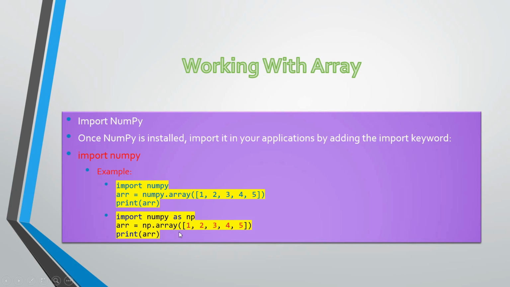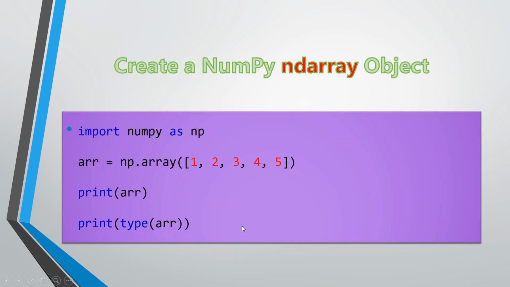Any array can be defined within parentheses and square brackets. Whatever data you define within the square brackets will be a single-dimension array. If you want a multi-dimension array, you can define multiple arrays using square brackets.